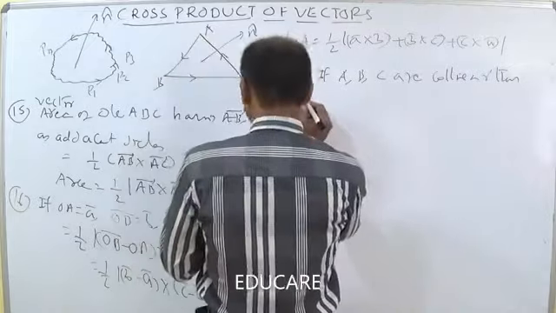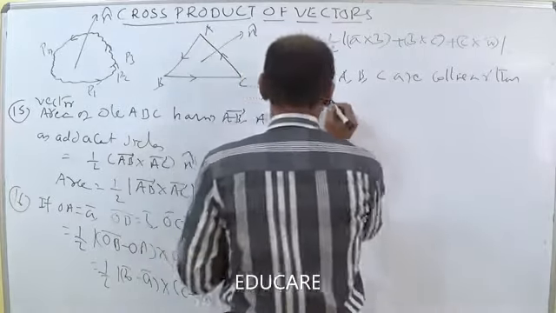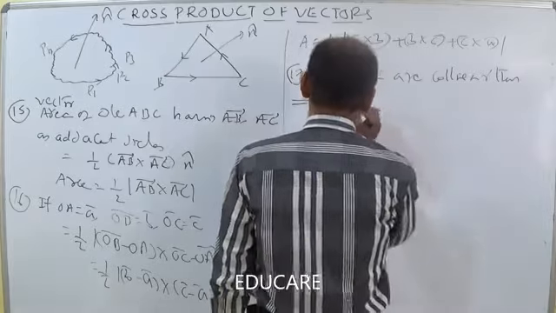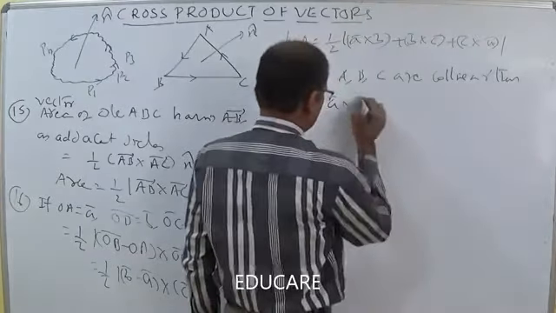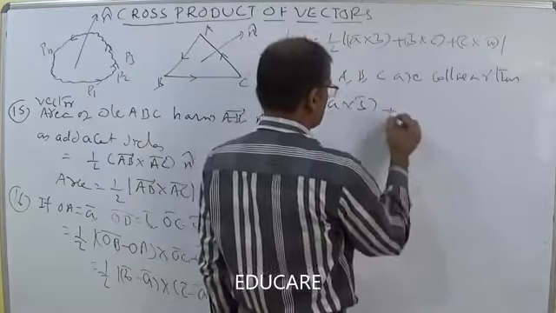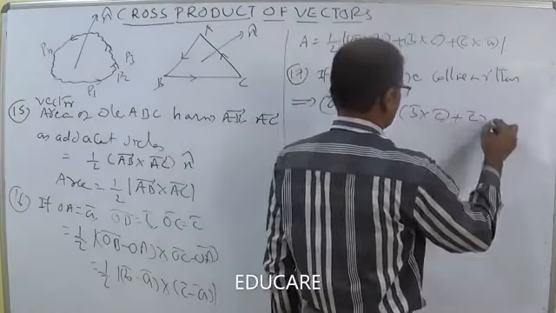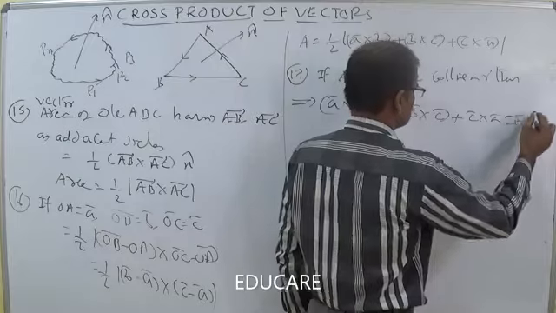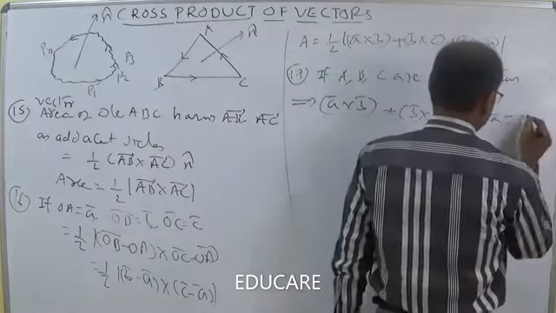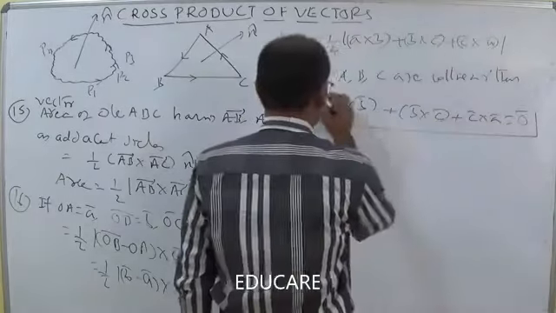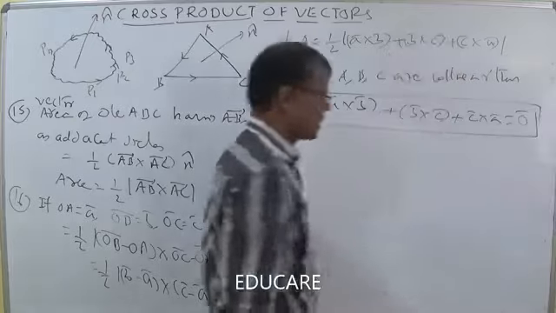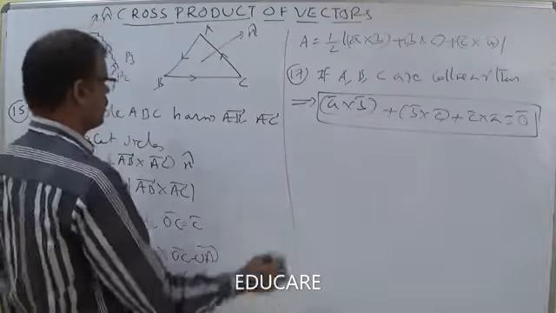So if A, B, C are collinear, then A cross B plus B cross C plus C cross A equals 0 bar, because this is a vector. It is called the null vector or zero vector.